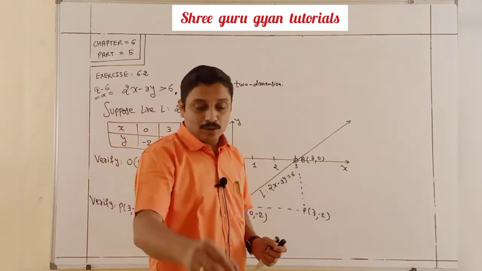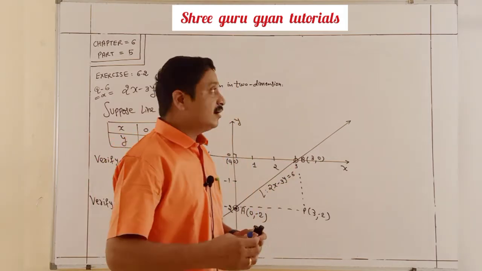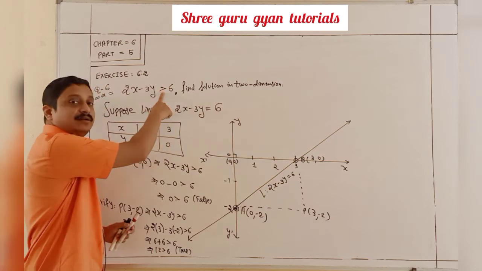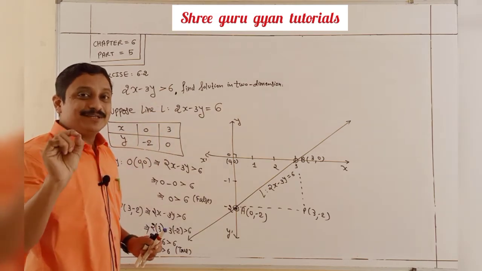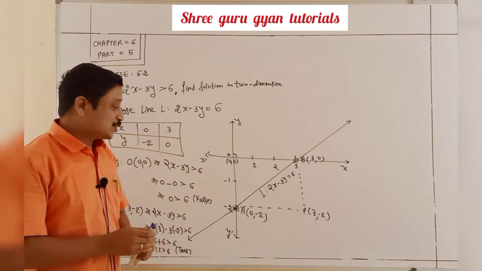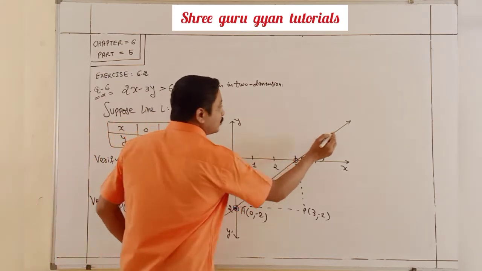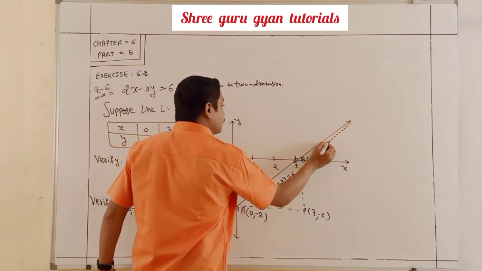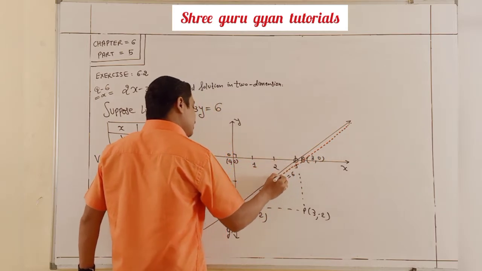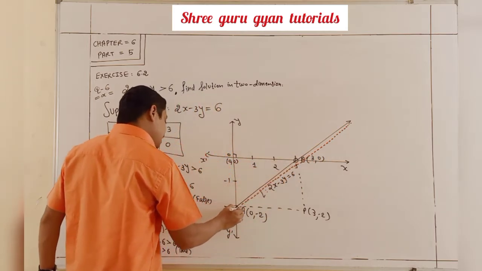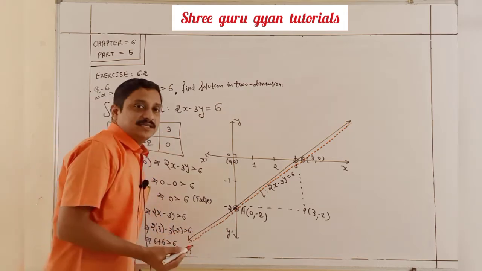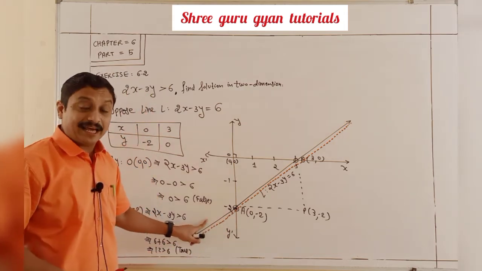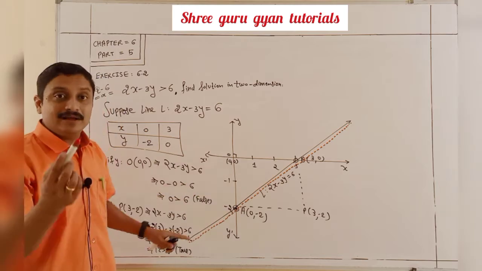Now I go to shading. Should I shade here? Check: greater than is given. It means the line is not counted. It means it is an open half plane. So here I draw a dotted line. You must compulsorily draw a dotted line near line L, because line L is not included in the solution. This is drawn in red color.